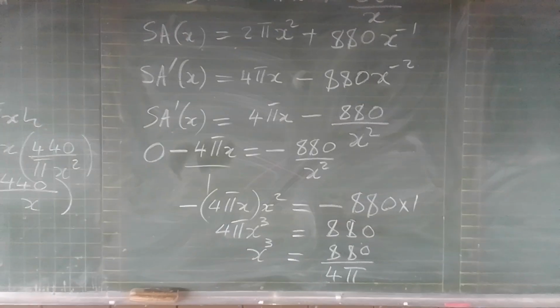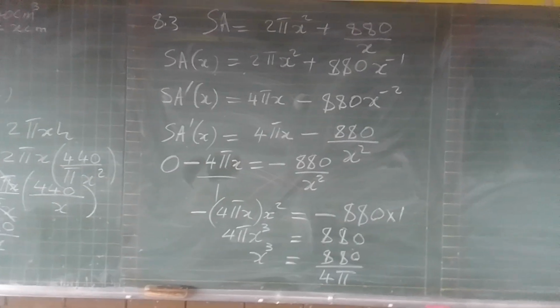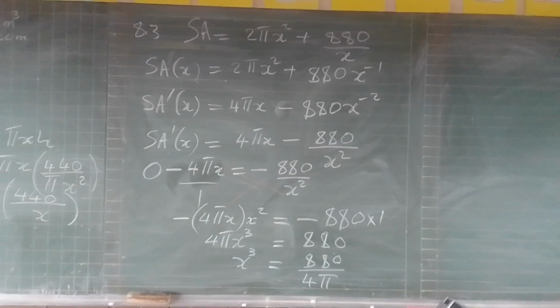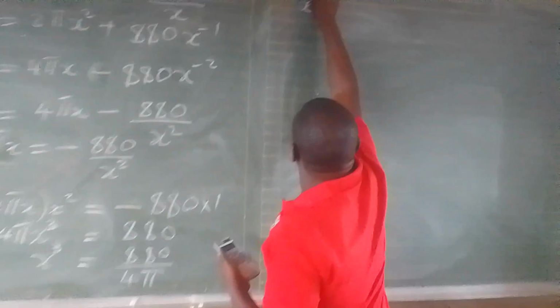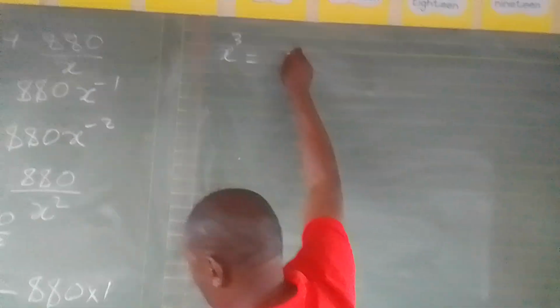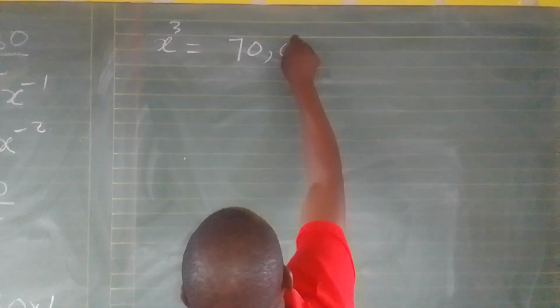880 divided by 4 pi is equal to 70.08. So x cubed is equal to 70.08.